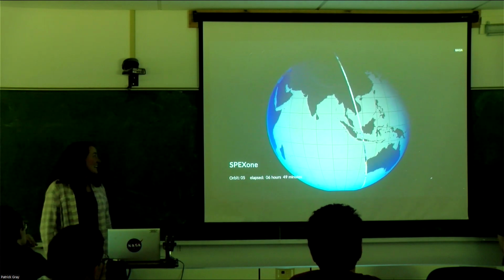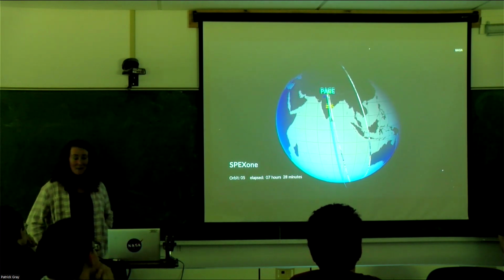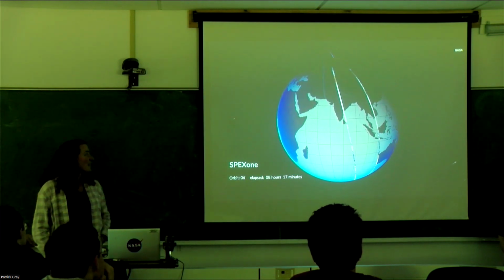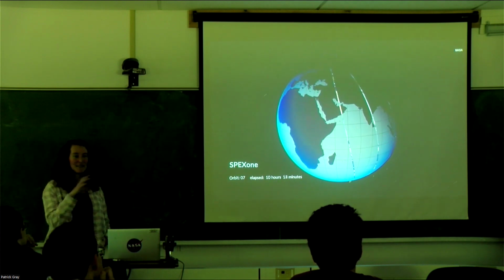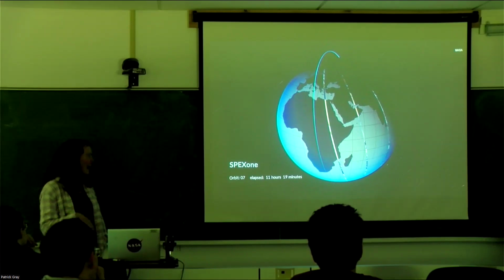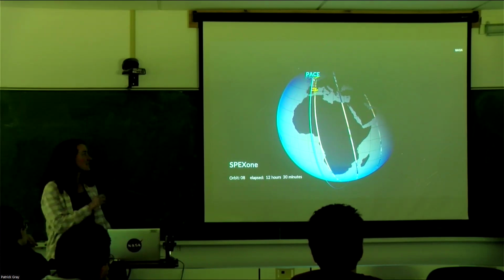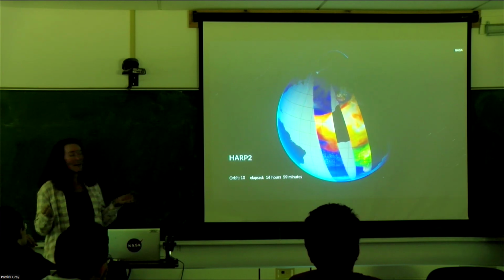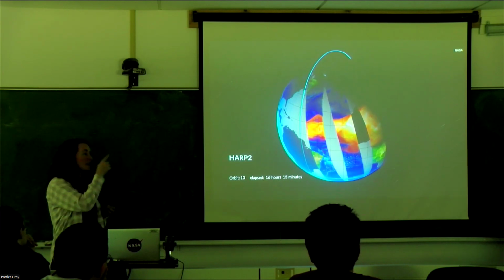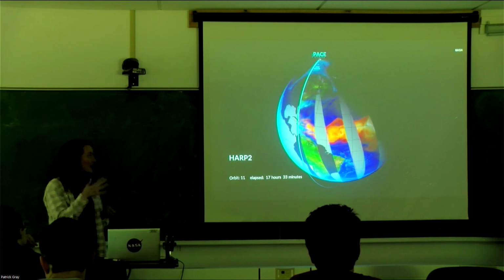So, looking at an example from PACE, we're thinking about how that path is traced around the globe based on the different instruments that are part of that whole package. You're going to have different swaths and different amounts of coverage from the different instruments, and also different repeat frequency as you go around the entire globe.